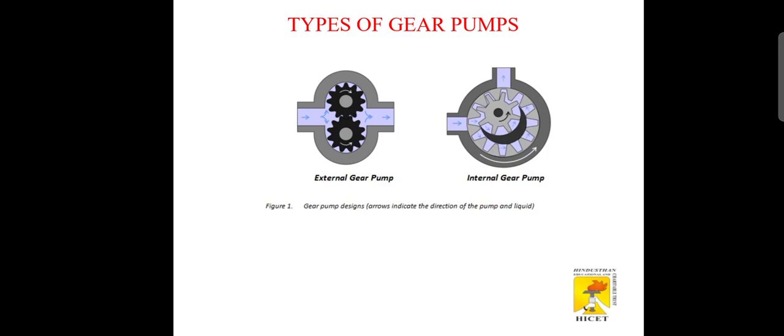When the gears mesh internally, the low pressure fluid from the inlet is also converted into high pressure fluid. It is carried by the meshing of two gears internally, creating a crescent. The fluid is carried from the inlet port to the outlet port with the pressure changing from low to high. This is an internal gear pump.